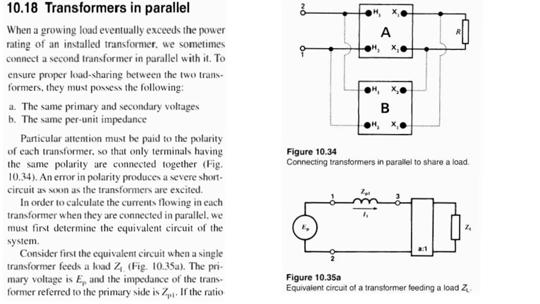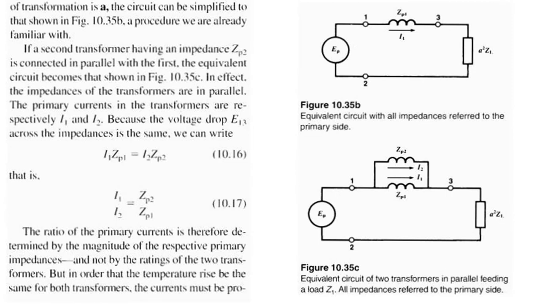If the ratio of transformation is one, the circuit can be simplified as shown in the figure, a procedure we are already familiar with. If a second transformer is connected in parallel, the equivalent impedances of the two transformers are in parallel, and the primary currents in the transformers are respectively I1 and I2.